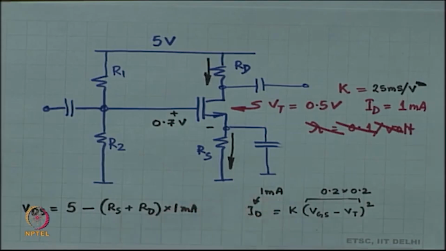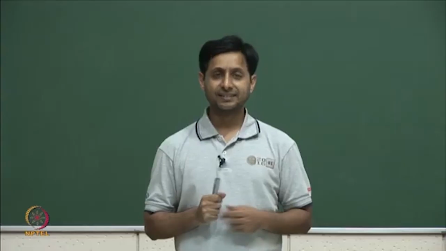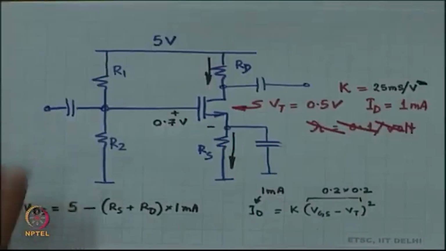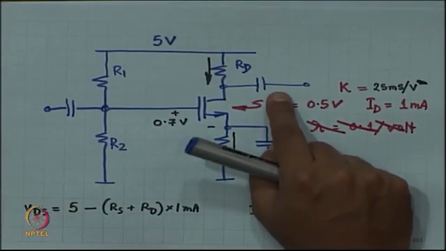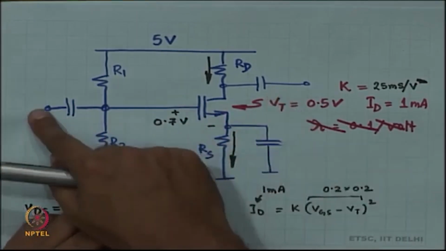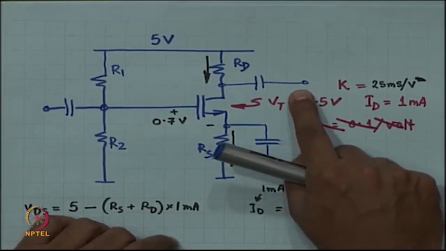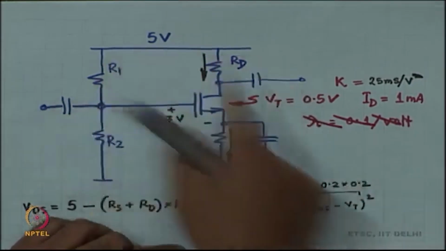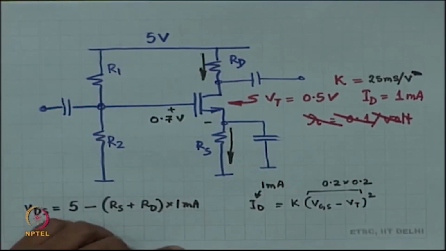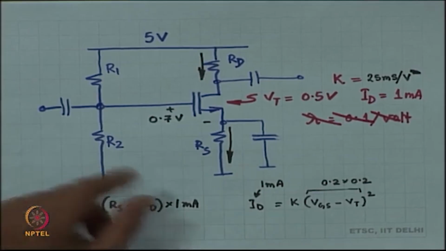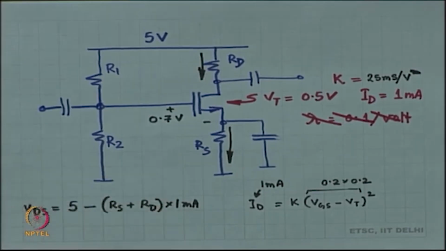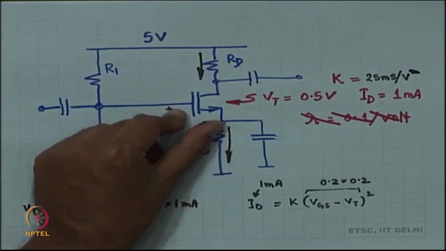So, next what we are going to do is, we are going to say that the input is going to oscillate. When the input oscillates, if I have a sine wave at the input, I will have an inverted sine wave at the output, because the gain of this amplifier is minus GM times RD.